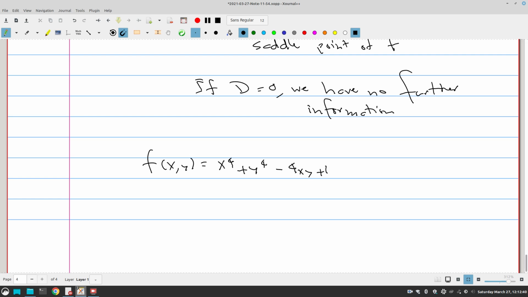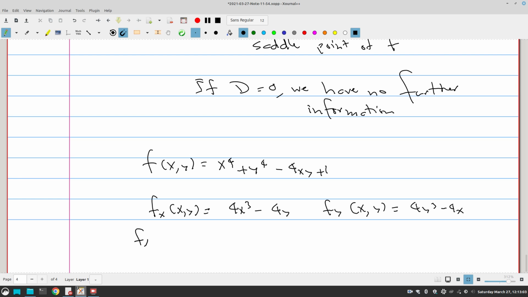Okay, so the first thing you do, of course, you need to find the partial derivatives and set them equal to 0. So fx(x, y) equals 4x cubed minus 4y, and fy(x, y) equals 4y cubed minus 4x. So these are the partial derivatives, right?